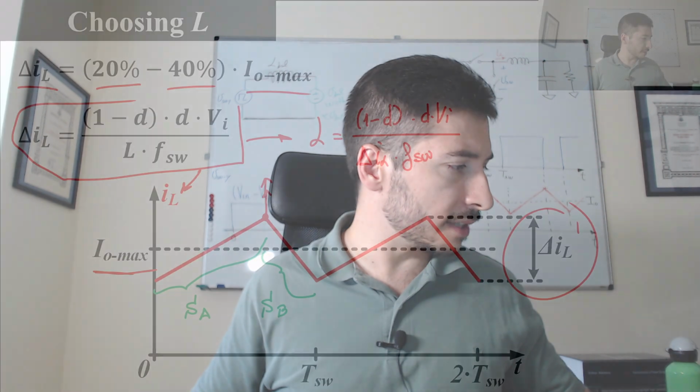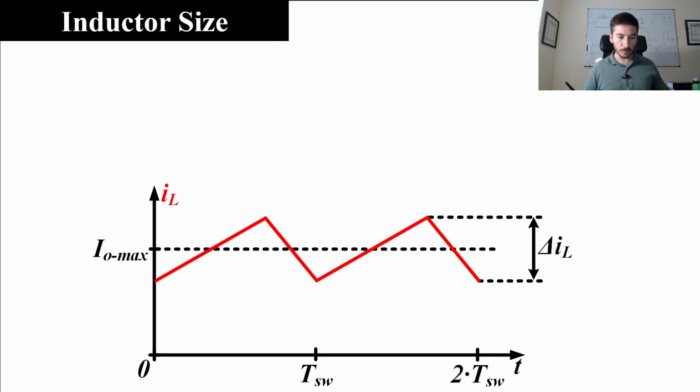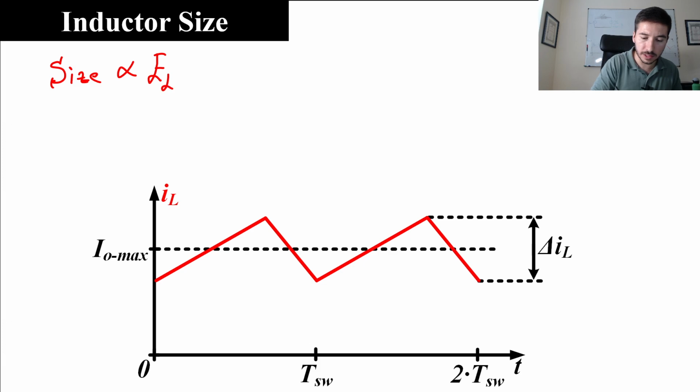In order to answer that question, we need to take into account that, in general, the size of an inductor is proportional to the maximum amount of energy the inductor is able to store. So I will put it in that way.